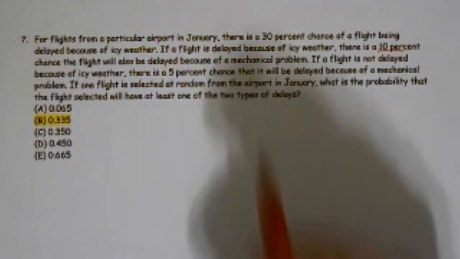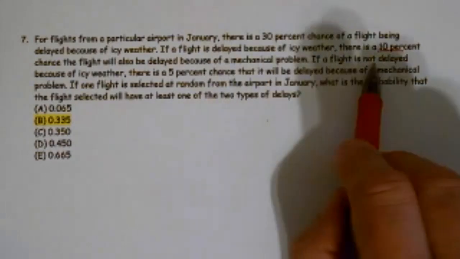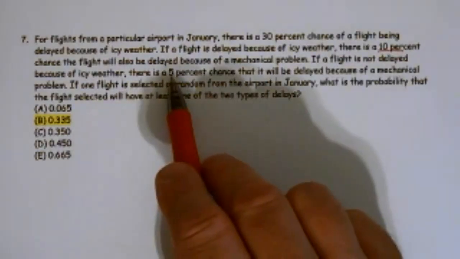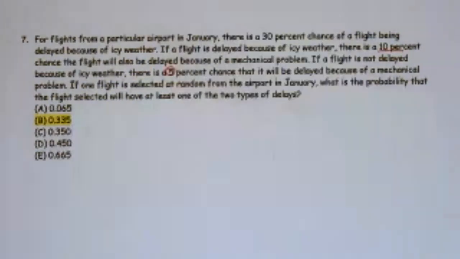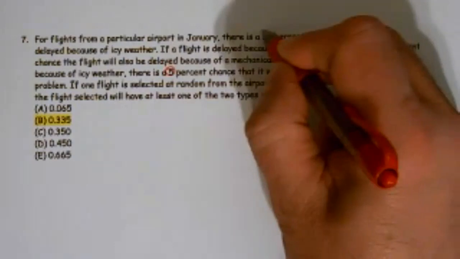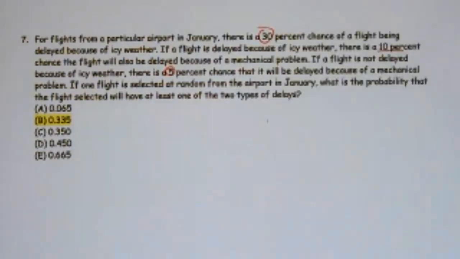If a flight is not delayed because of icy weather, there's a 5% chance that it will not be delayed. So another thing is we have 2 variables here. The one associated with only one variable is here, because we have flight delayed and weather mechanical delay. We have mechanical delays and ice delay.